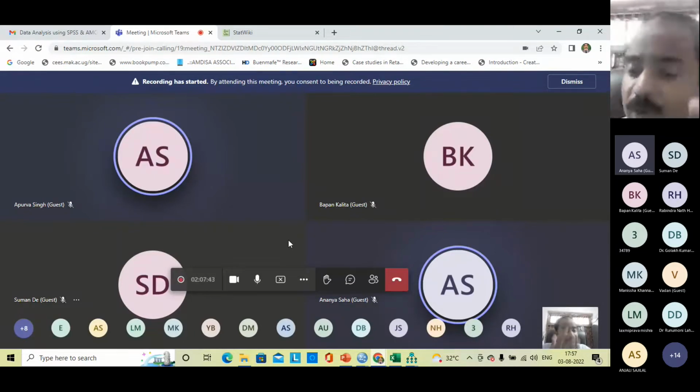Then third, we go to the comparison of chi-square. How will we compare the chi-square? By making a constraint. We constrain some value by creating another factor. Then we compare the chi-square. If the p-value is above 0.05, we say invariance is there.